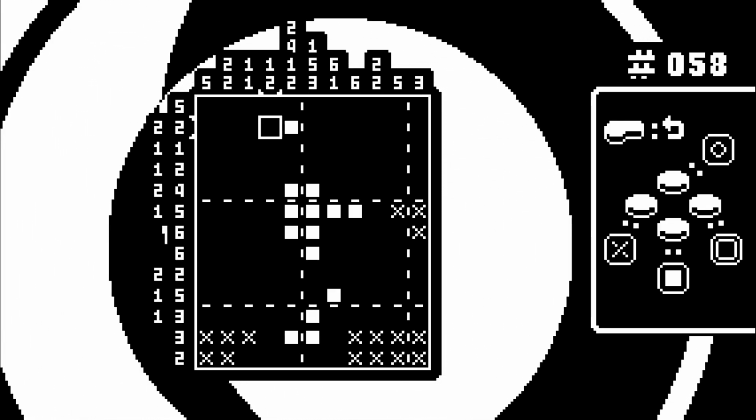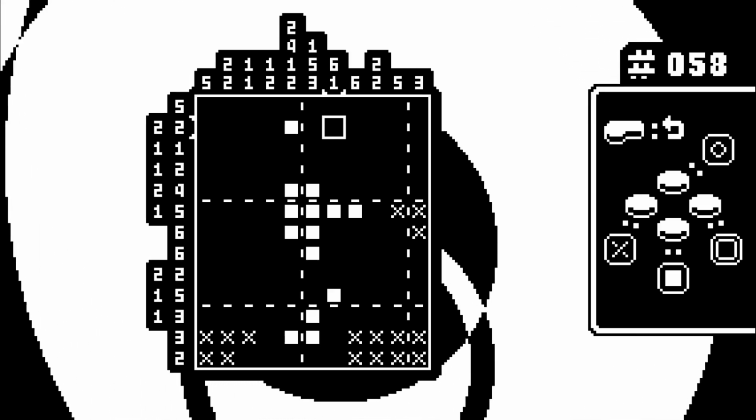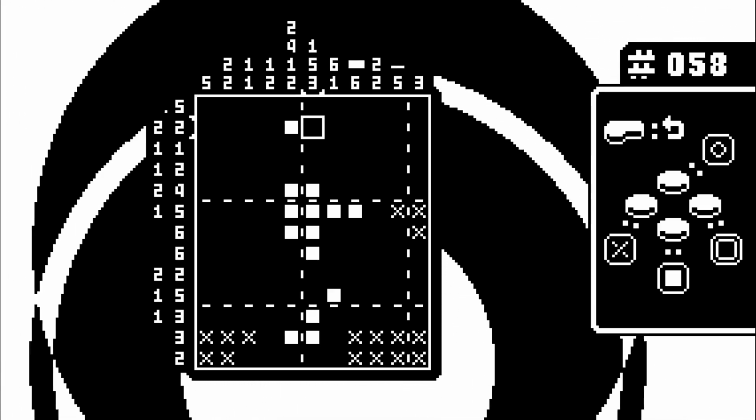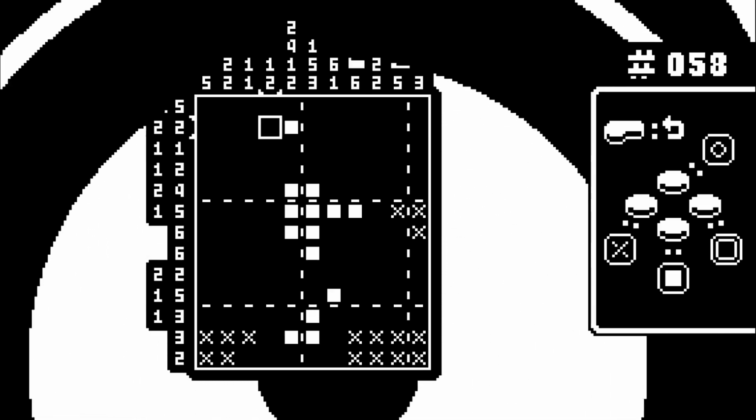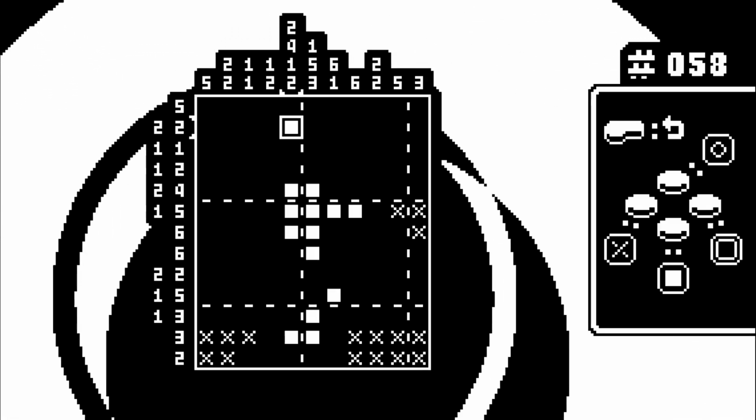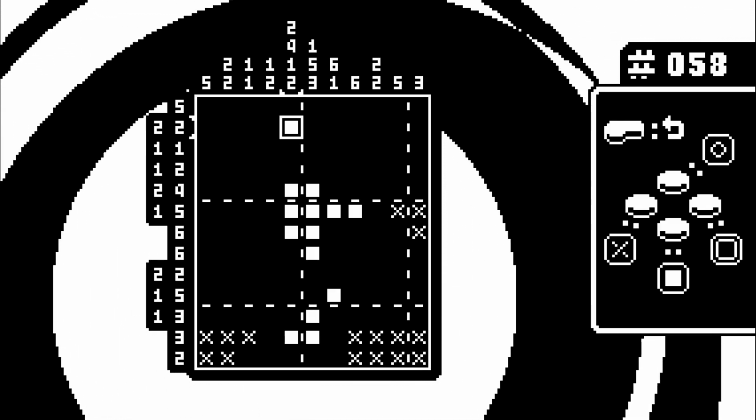Yeah, I know this is a 2, but one could fit left of it, one could fit right of it. This could extend left or extend right, so I can't input anything from that.